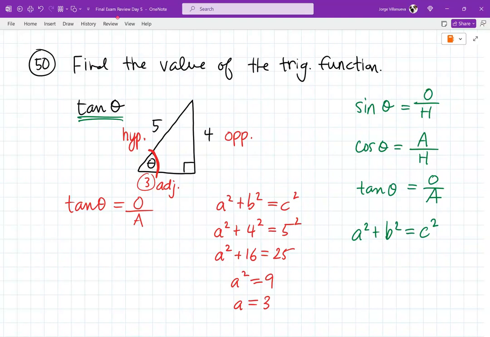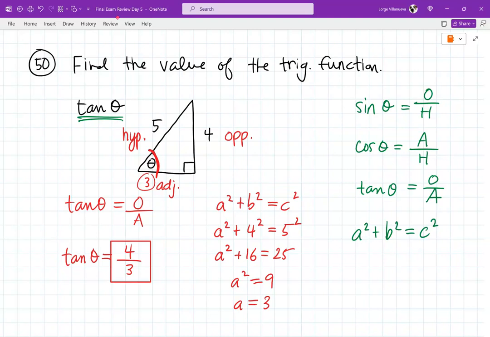So now I can write my answer out. Tangent of theta is opposite, which is 4, over adjacent, which is 3, and that's my answer. All they want you to do is give them the ratio that represents tangent of theta.